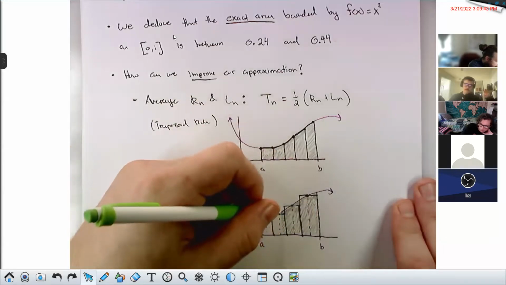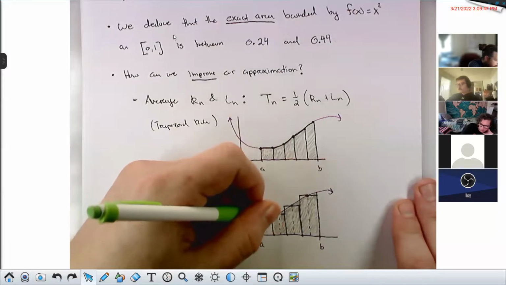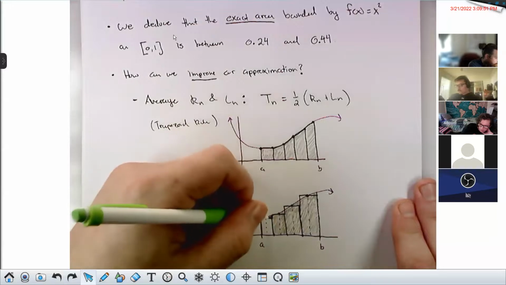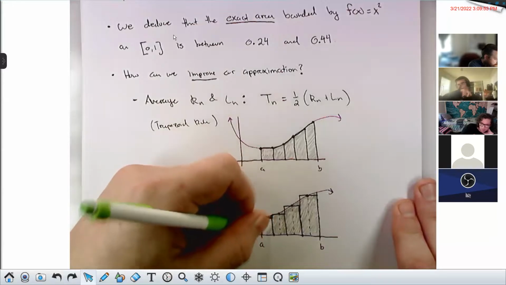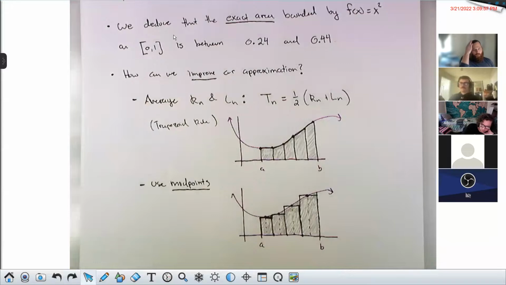Here I miss a little bit on this side, and then it's hard to see, but I go over a bit on that side. Over here I miss a little bit on that side, and under a little bit on that side. So all of these are good ideas. The trapezoid rule, just from the picture, looks the most convincing. Here I've got a little bit missing, a little bit missing, a little bit missed. Midpoints are also good.